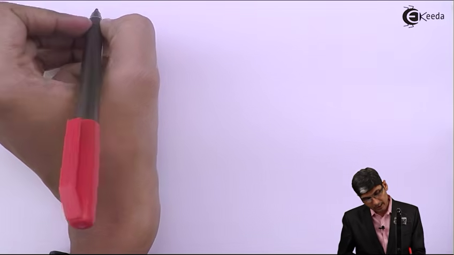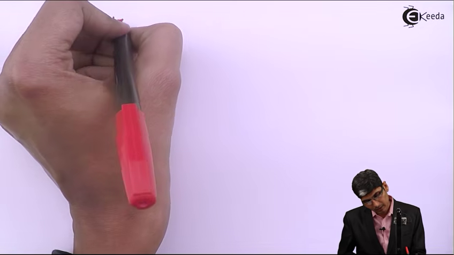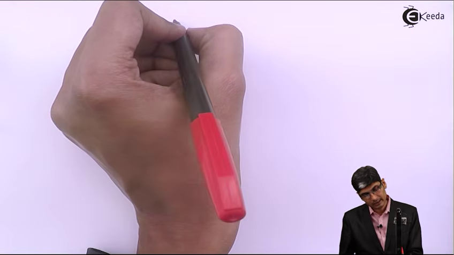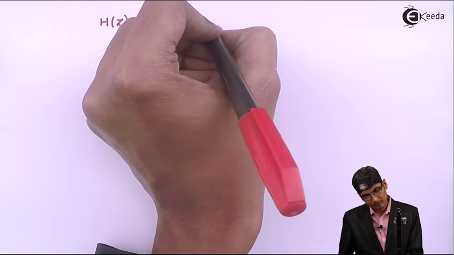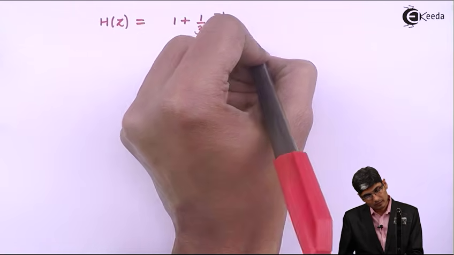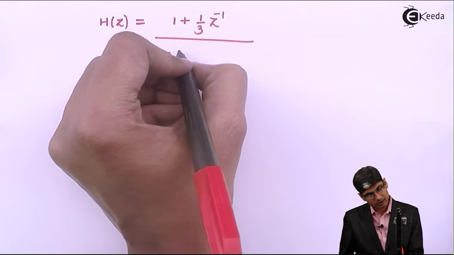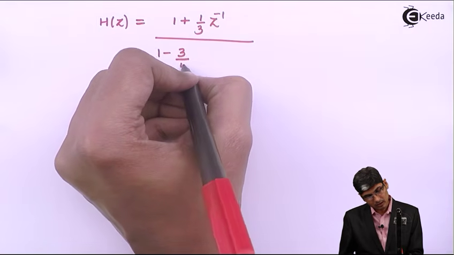So I will write H of z again and draw the structure and give some hints on how you can directly get the structure. Let us say this is my given transfer function.